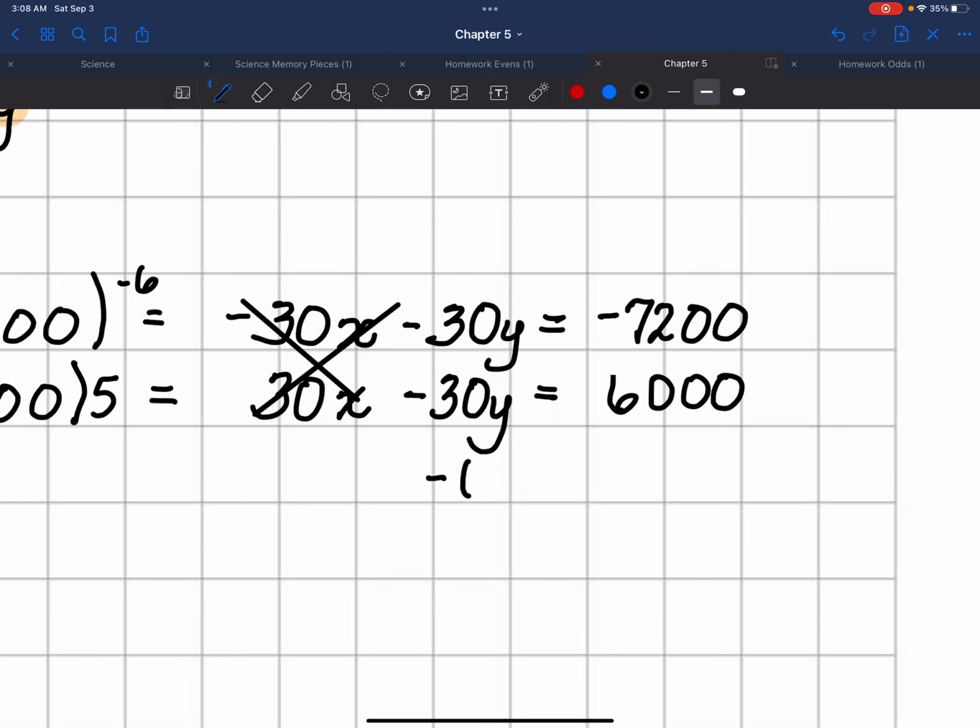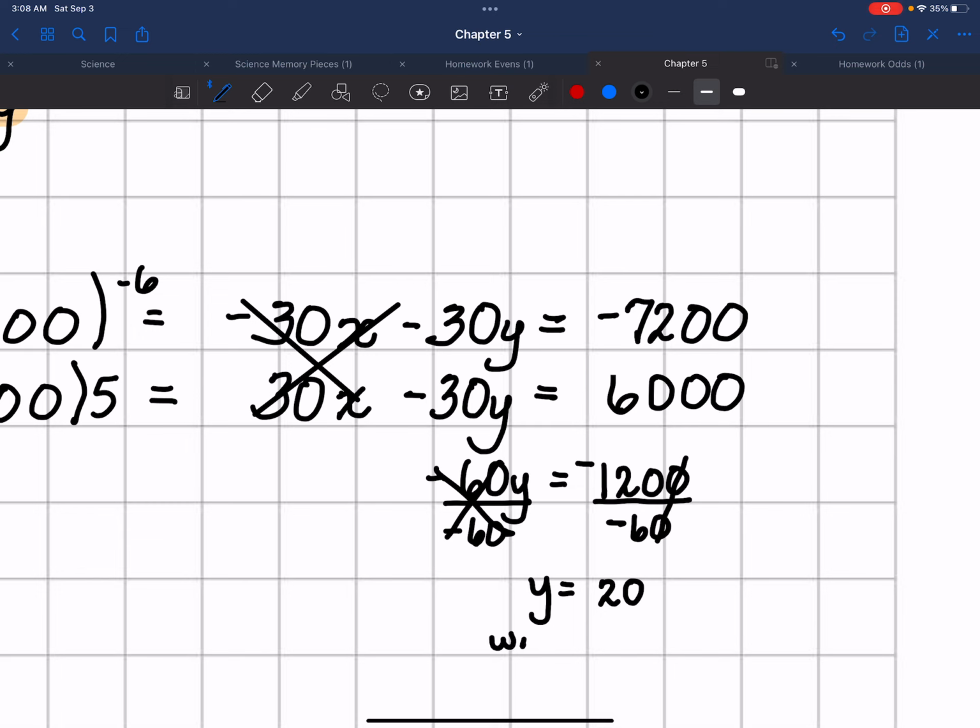So I'm left with negative 60y equals negative 1200. Divide both sides by negative 60. So y is going to be, eliminate a 0, and you get positive 20.